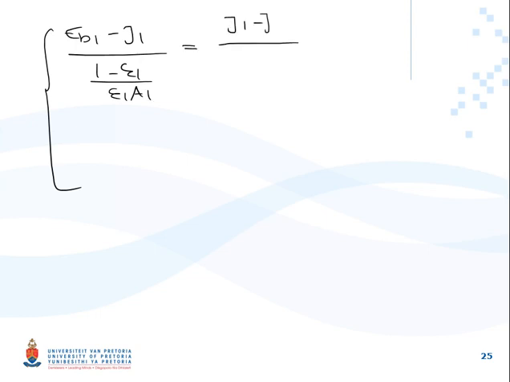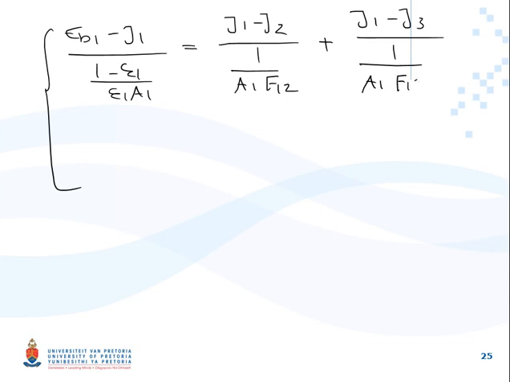So we have EB1 minus J1, 1 minus epsilon 1, epsilon 1 A1 is equal to J1 minus J2, 1 divided by A1 F12 plus J1 minus J3, 1 divided by A1 F13.